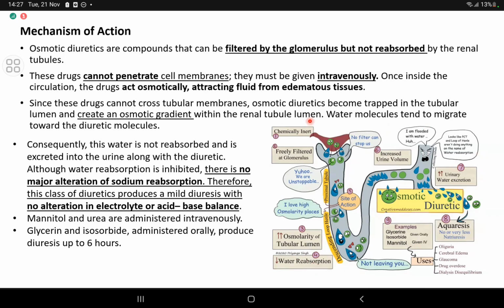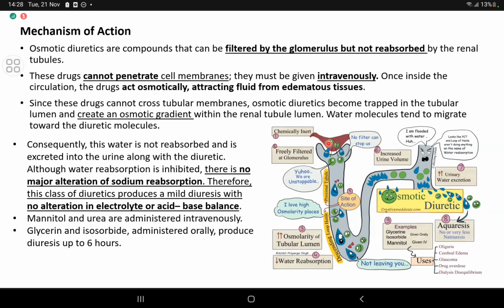This cartoon tells you everything about this osmotic diuretic pathway. The mechanism of action is very simple. The compound we are going to give, we are not going to reabsorb.